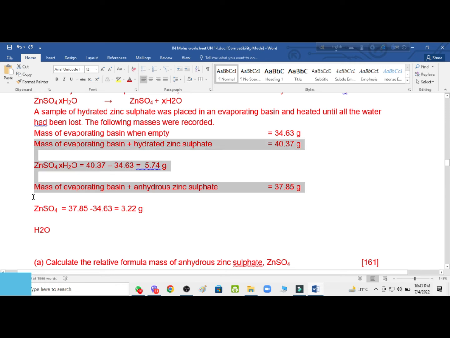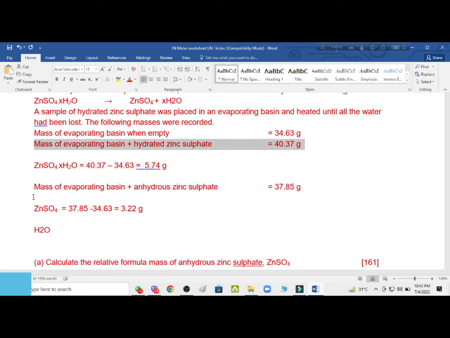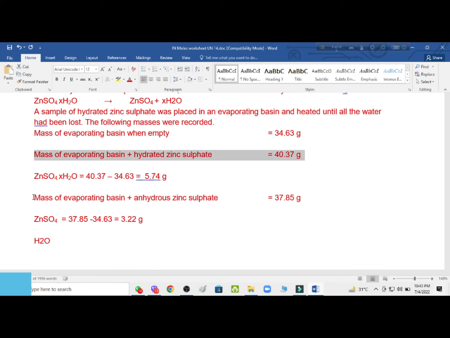Because this here is container plus water plus zinc sulfate. Remember, container plus water because it's hydrated, plus zinc sulfate. And here is container plus zinc sulfate. No water here. So if you subtract this from this, you would get the mass of water, right?